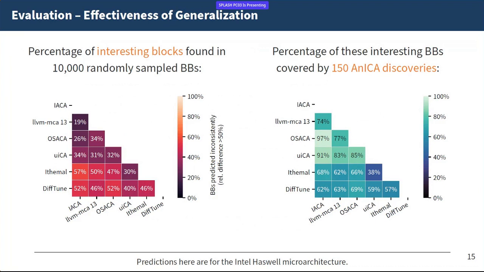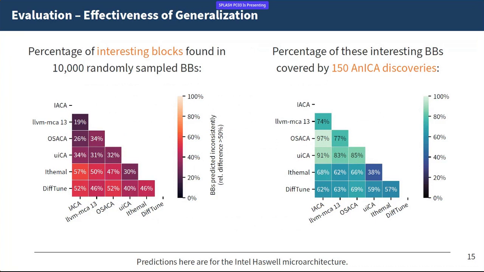And then we looked for each predictor pair how many of the interesting basic blocks from the heat map are represented by these discoveries. And we show that in the green heat map here on the right. So for example, of the 31% of interesting basic blocks within the uiCA versus llvm-mca campaign, we found that 83% of them were represented by our AnICA discoveries.